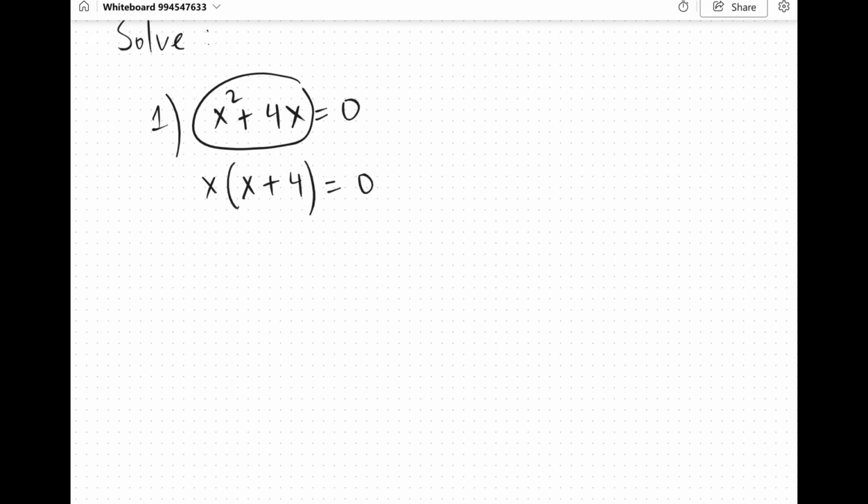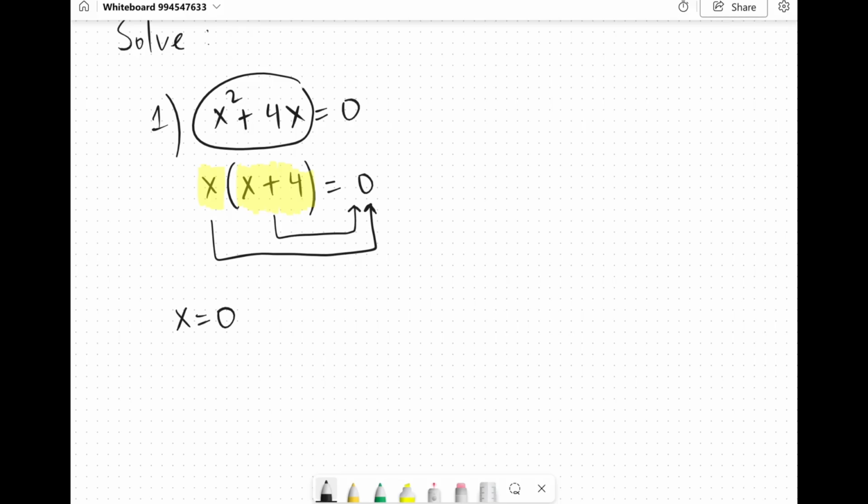Now to solve this, you're going to take each factor, which you have two factors. The first factor is the GCF that you pulled, which is x. And the second factor is your set of parentheses x plus 4. So you're going to take one at a time and separately set each equal to 0. So you're going to write x equals 0, and this is your first answer.